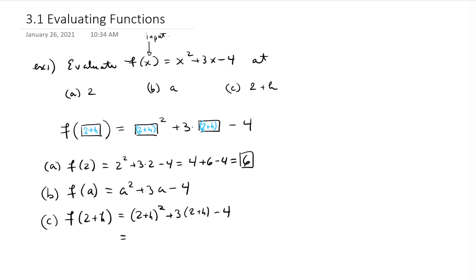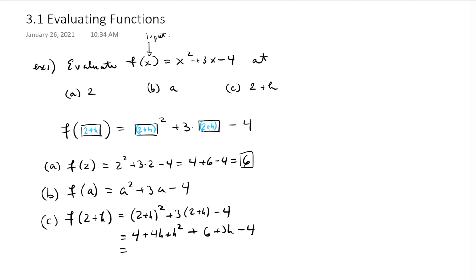If we want to, we could expand this and group like terms. Okay, so I'm going to do that. So the first term is the square of a binomial. So I'm using a plus b squared is a squared plus 2ab plus b squared. So 2 squared is 4, plus 2 times h, 4h, plus h squared. And then 3 times 2 is 6, 3 times h, 3h, minus 4.